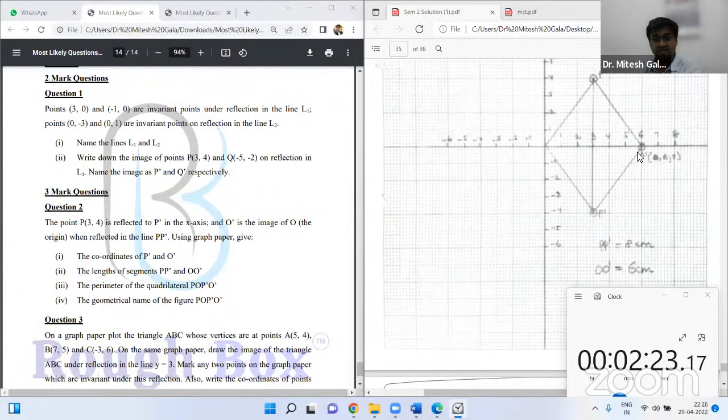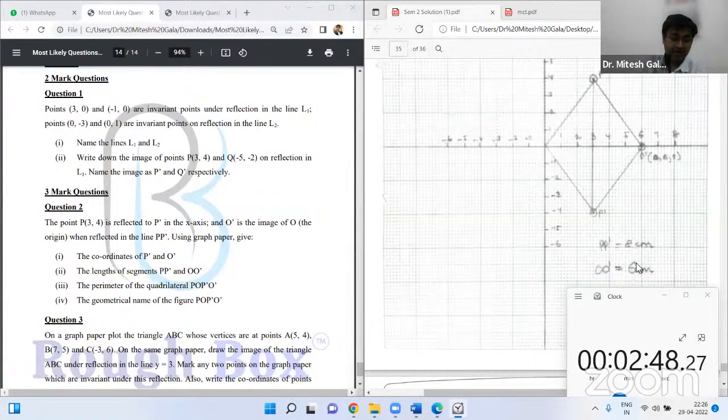So O is here, will reflect here, which should become 6, 0. So P dash is down, which is 3, minus 4, and O dash is 6, 0. Then length of the segments PP dash, so it is 4 on top, 4 on down, so 8, and OO dash is 3 and 3, so 6.